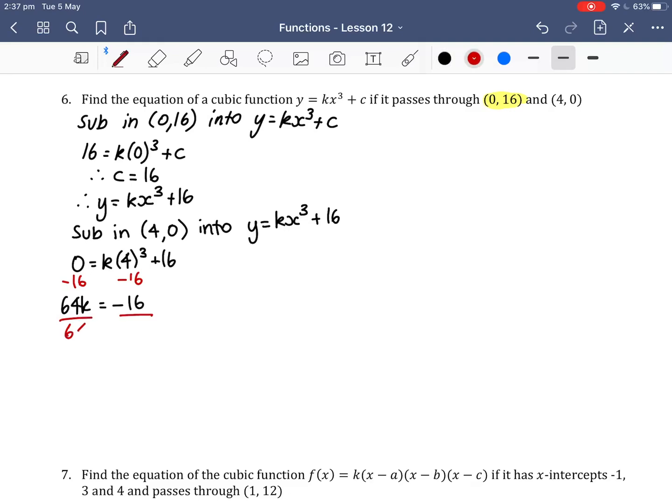We're then going to divide both sides by 64. So we get k equals -1/4. So therefore y equals -1/4 x cubed plus 16, and that's the equation of our cubic function. Just fix up this plus.